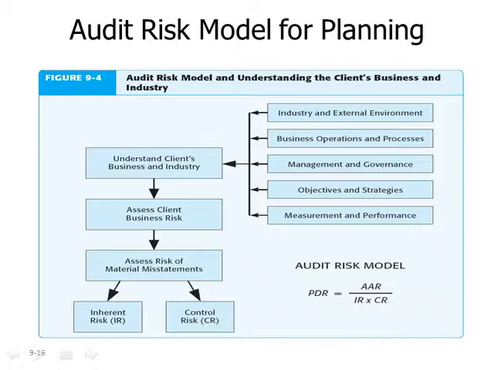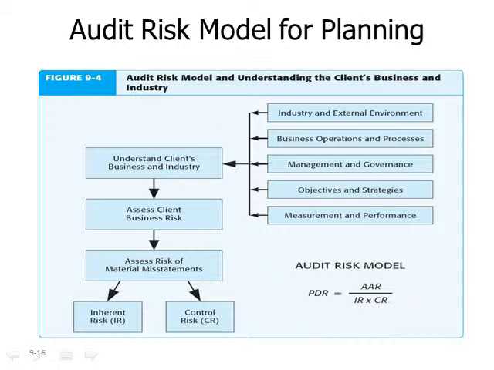And this illustration provides us with a model, this audit risk model we just talked about, where we can see that it's important to understand the client's business risk and their industry. That involves understanding the industry and the external environment, the business operations and processes, the management and governance of the entity, the objectives and strategies of the entity, and then the measurement and performance that is inherent to that entity.